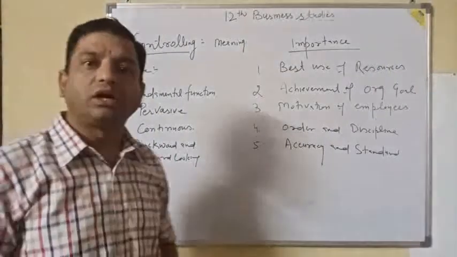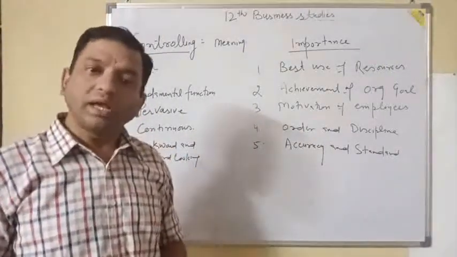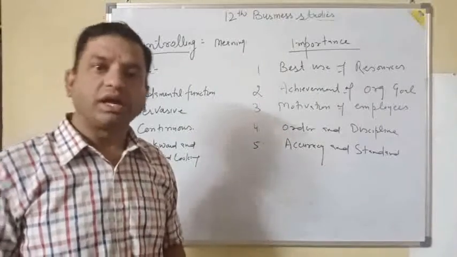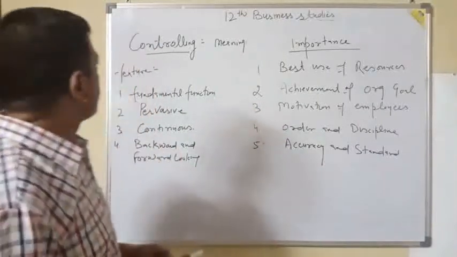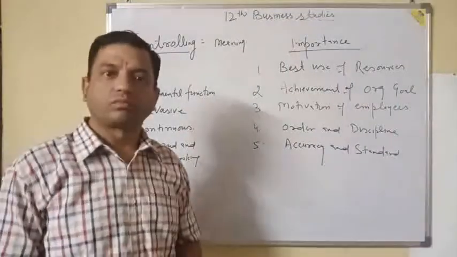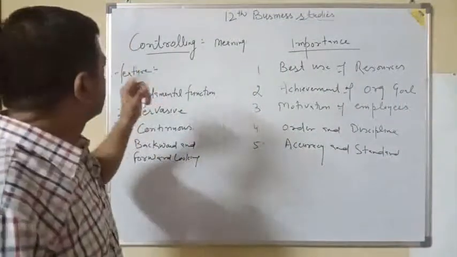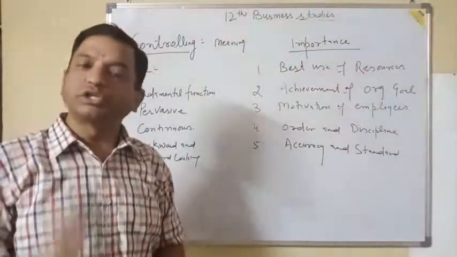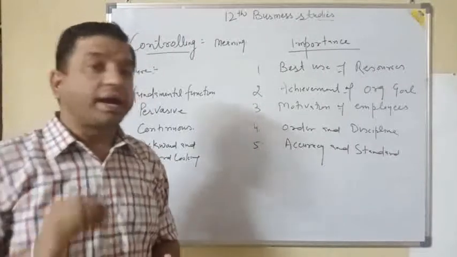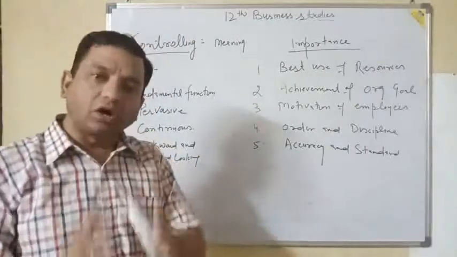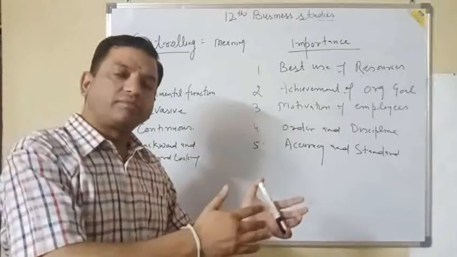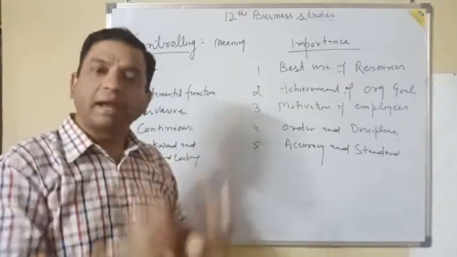So what is controlling? Controlling is a process in which the main work of the manager or the person responsible for controlling is to ensure whether the actual work done is according to the standard set in the planning.